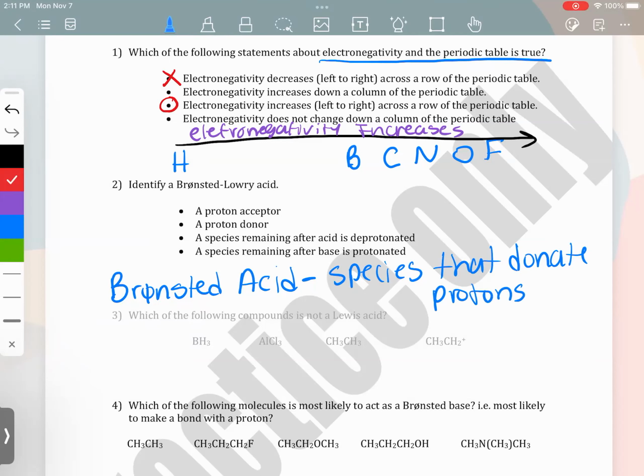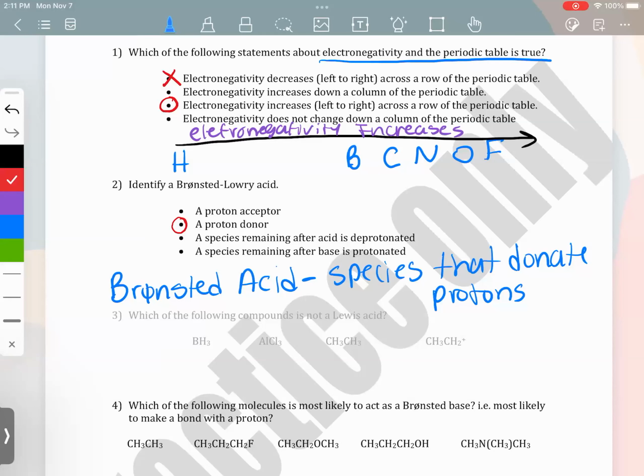Which answer choice best matches what a Bronsted acid is? It's going to be B, the second one, a proton donor. Remember, the definitions for the Bronsteds and the Lewises are pretty different, but they still relate to one another. A Bronsted acid is a species that donates protons. A Bronsted base is a species that accepts protons.